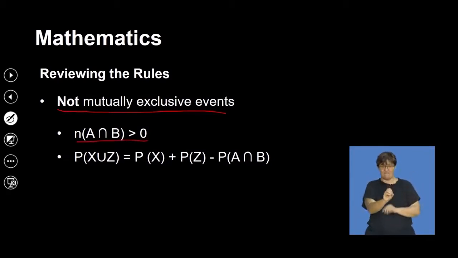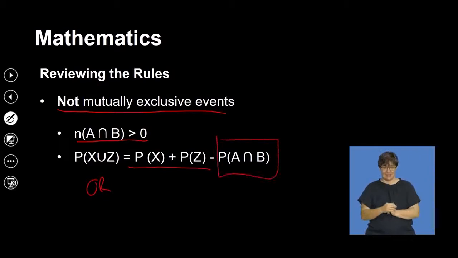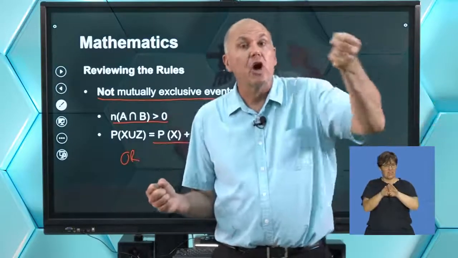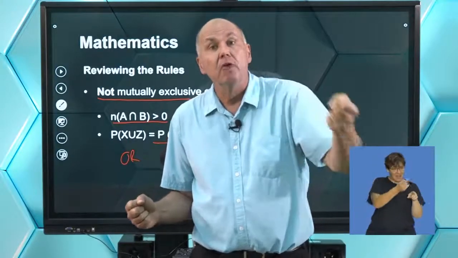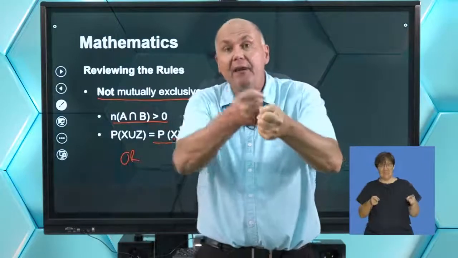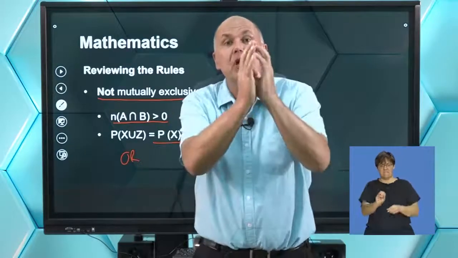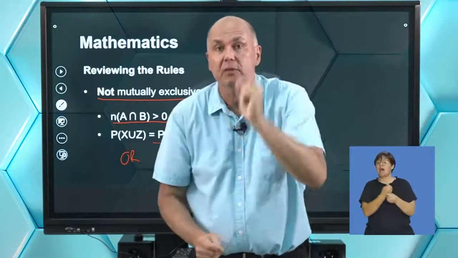Then the or rule has an added part: subtract the intersection. Now, why do we have to subtract the intersection? Well, because there's a contribution to the intersection from set X and from set Y, and yet we consider the intersection as only being one thing.